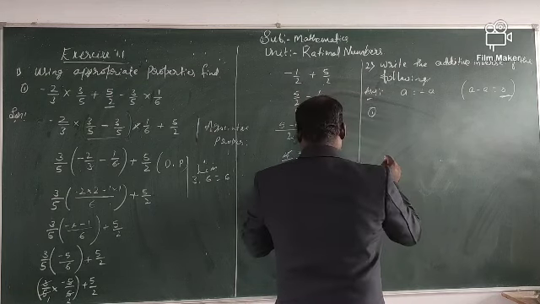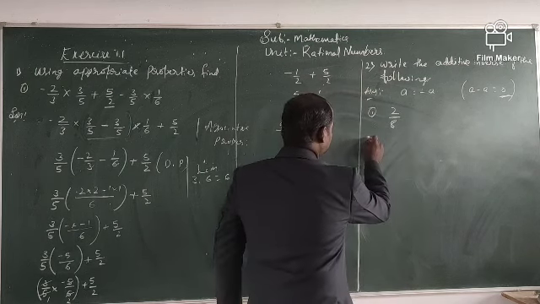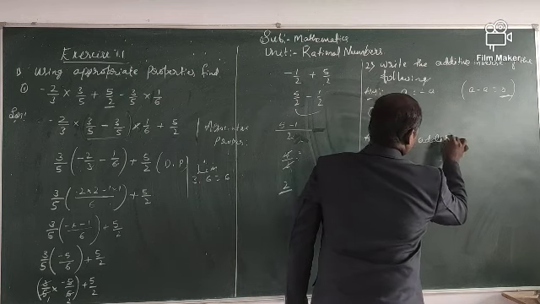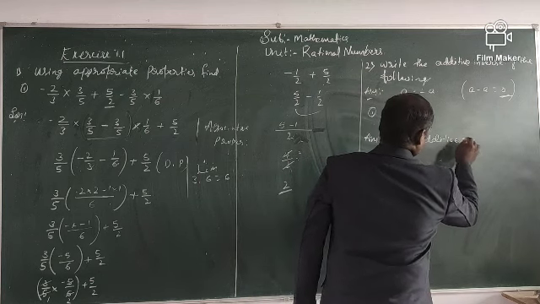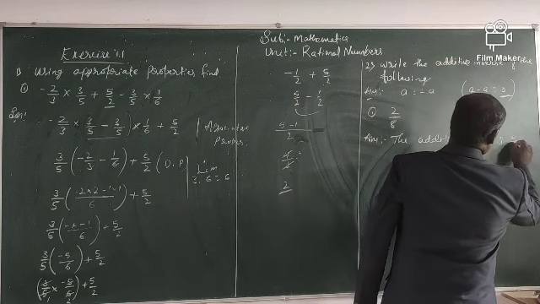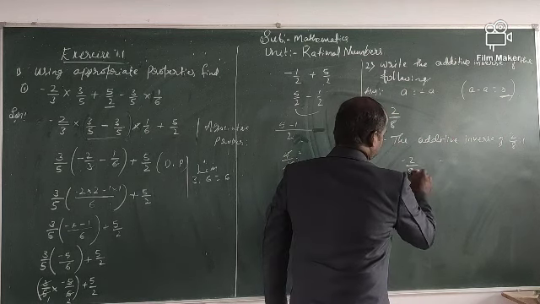First, what is the additive inverse of 2 by 8? The additive inverse of 2 by 8 is minus 2 by 8.